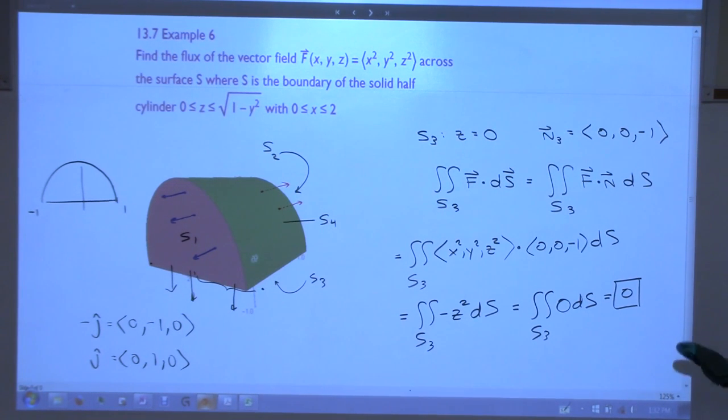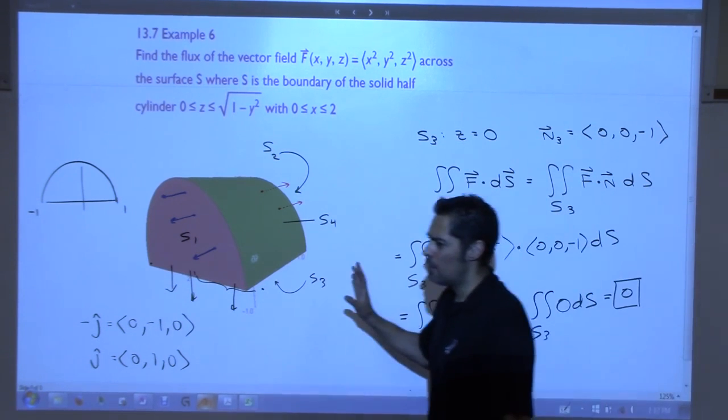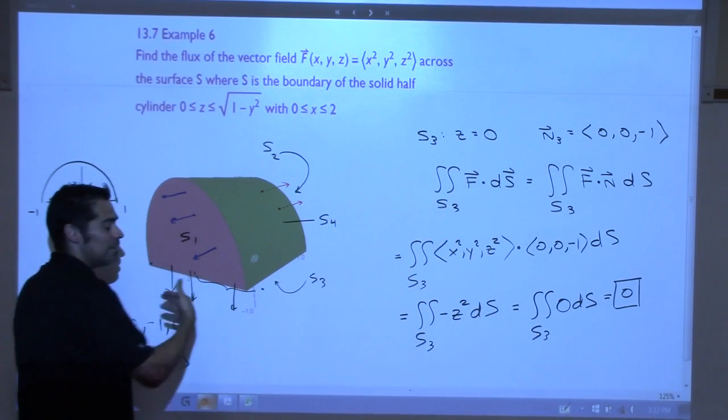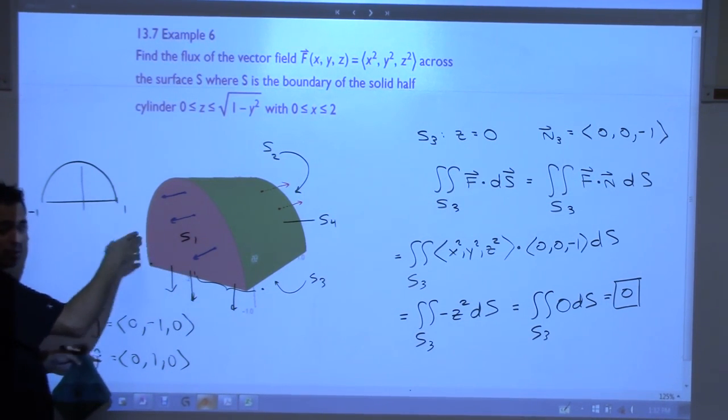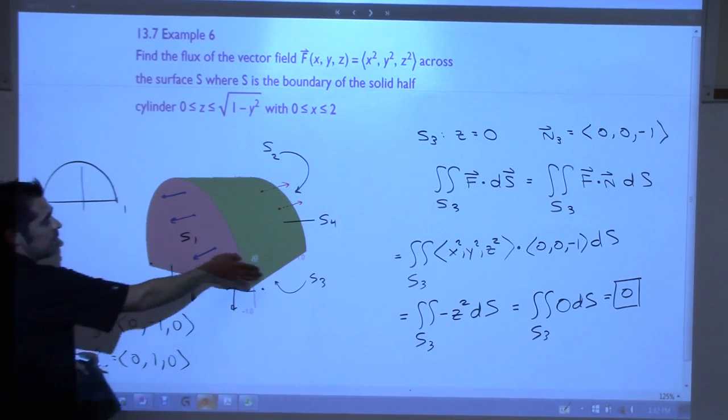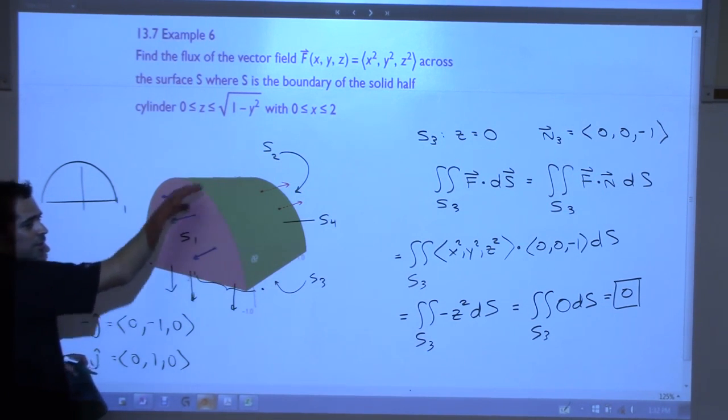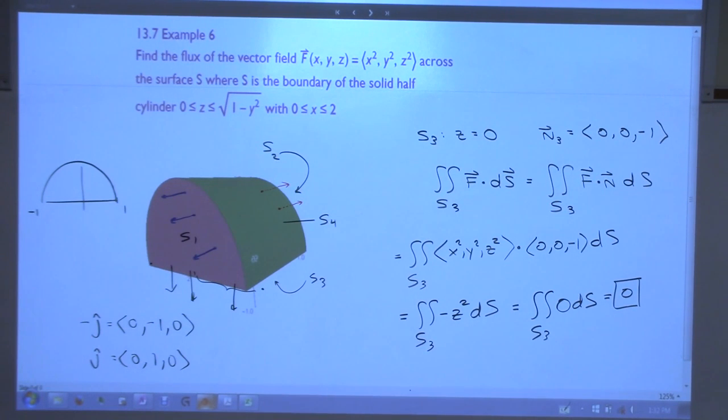All right, we've got 3 of the 4 surfaces. Now, S4 is the most challenging because it's not flat. So the normal vector is not always constant. Do y'all see that? When we see flat surfaces, we like it because the normal is always going to stay the same. But once we start moving around something that has curve to it, it's going to change.